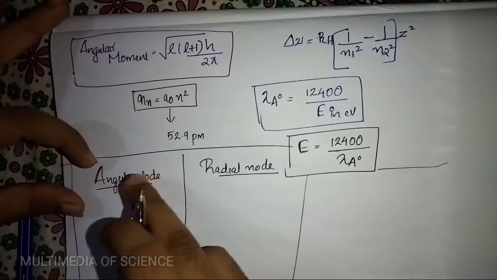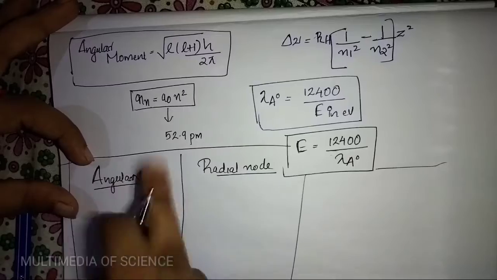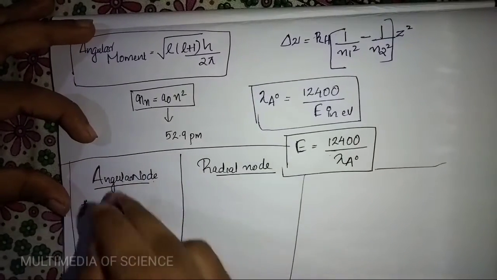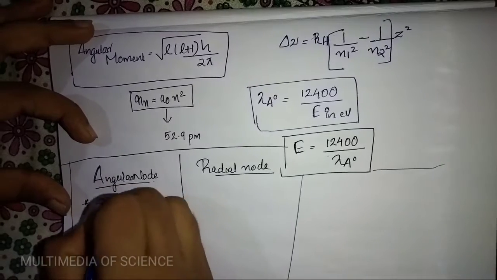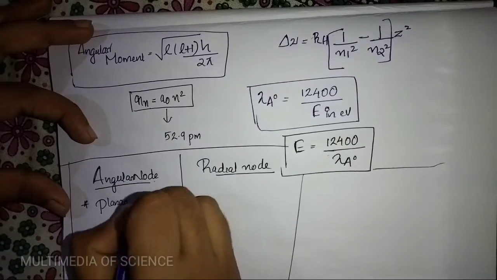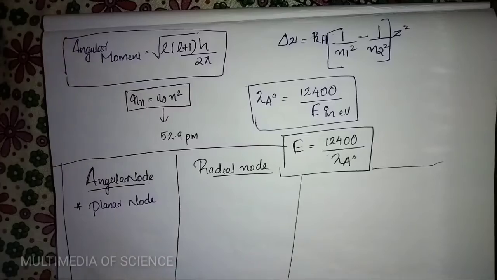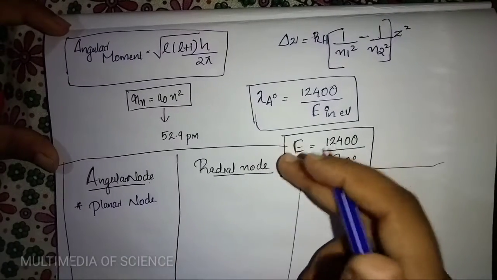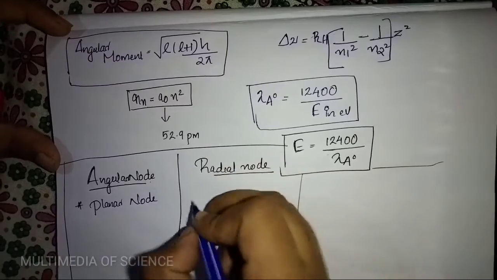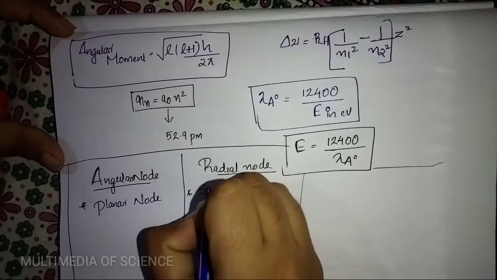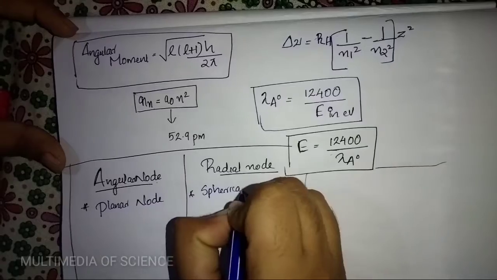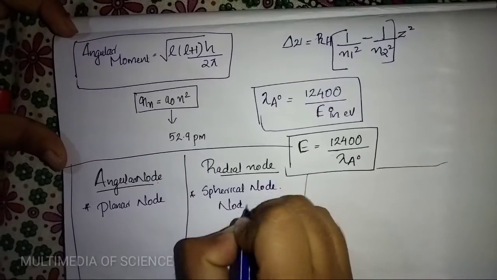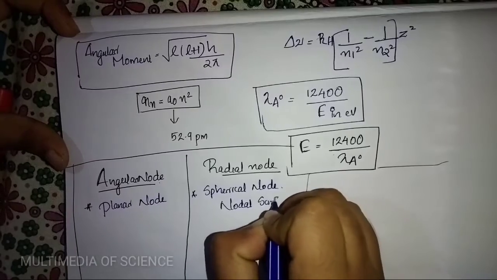Angular node: what is another name for the angular node? That is the first point. Another name for angular node is planar node. Then what is another name for the radial node? It is spherical node or nodal surface.